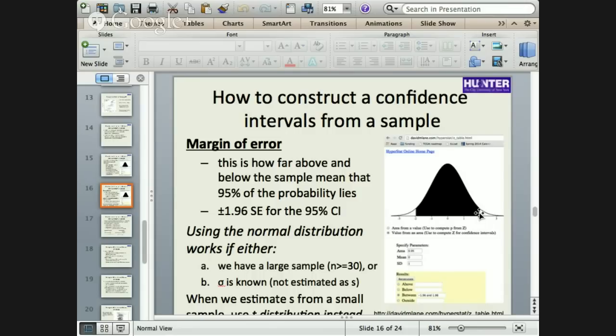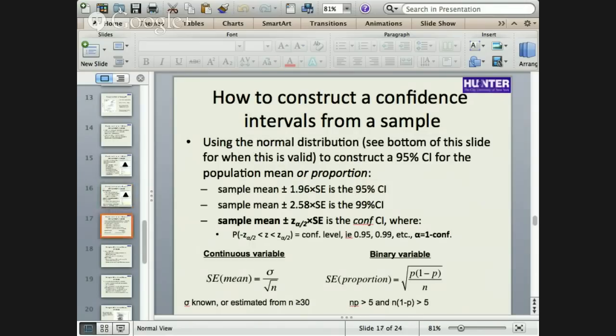Another question. So the sampling distribution of the means is not skewed.